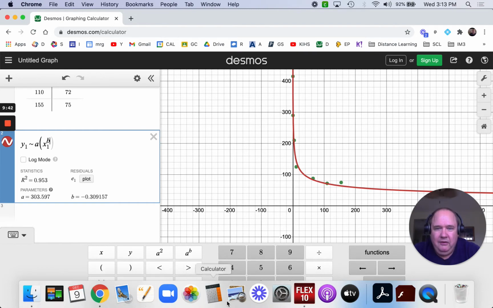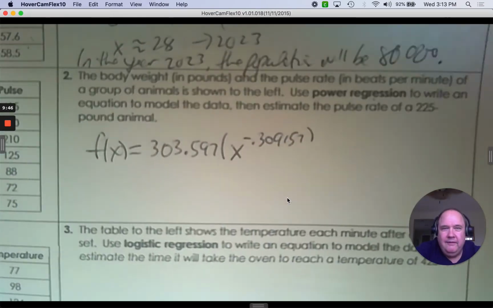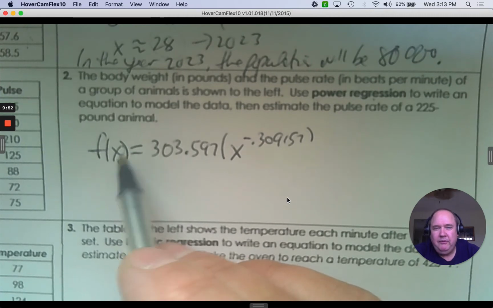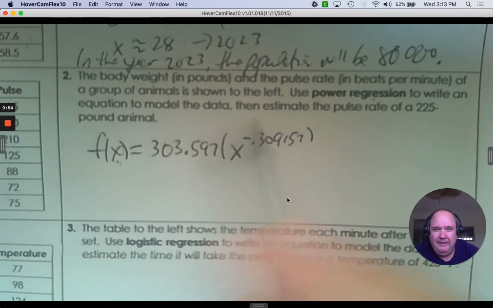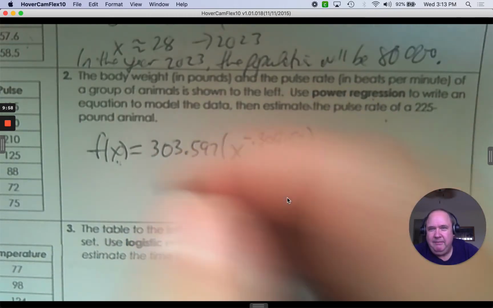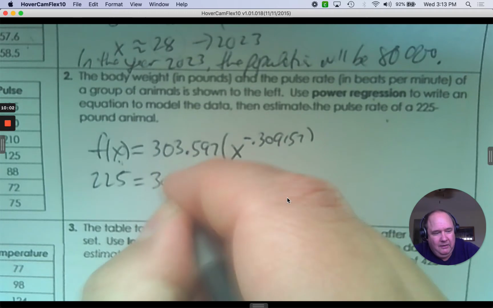Let's go back here. So there's my equation. And x represents the body weight, and then the y coordinate represents the pulse, or beats per minute. Estimate the pulse rate of a 225-pound animal. That sounds like me. So 225, make it equal to that.